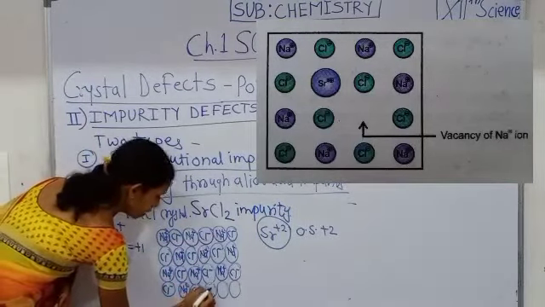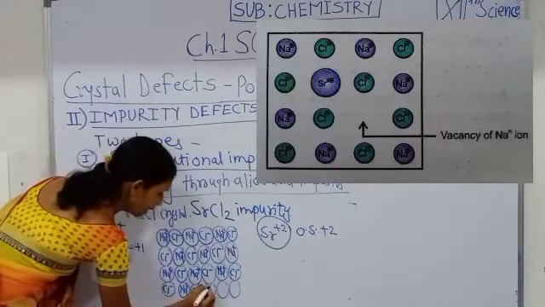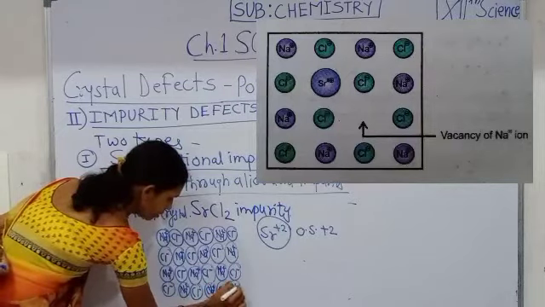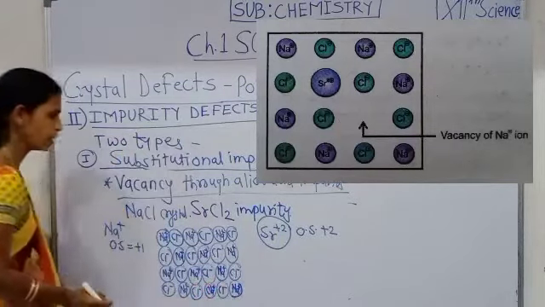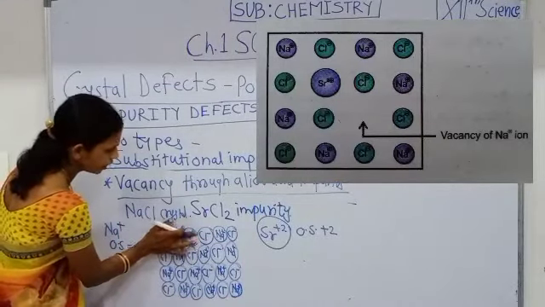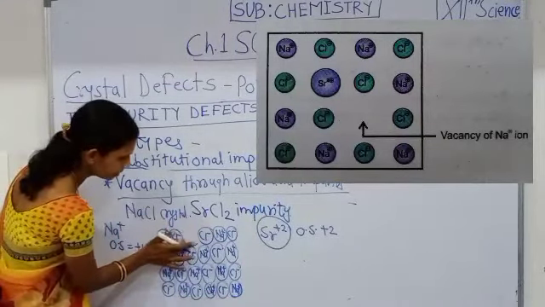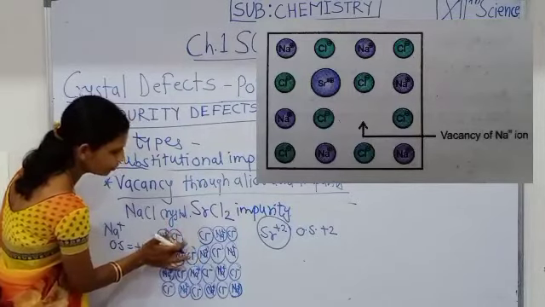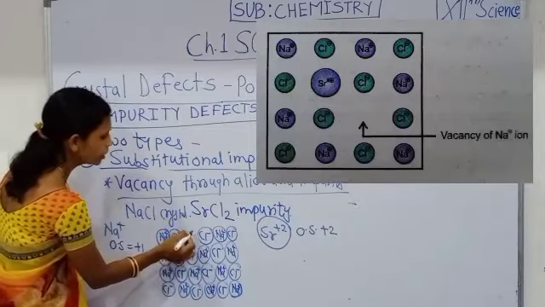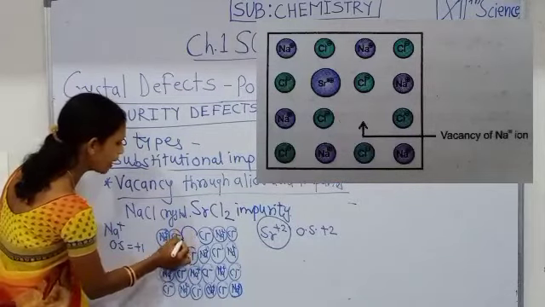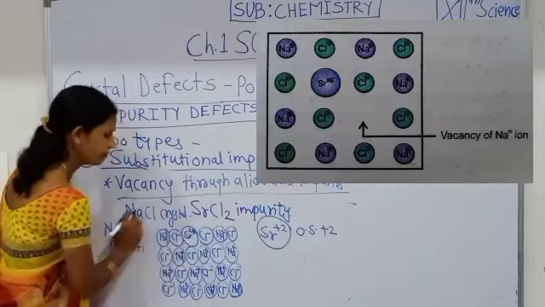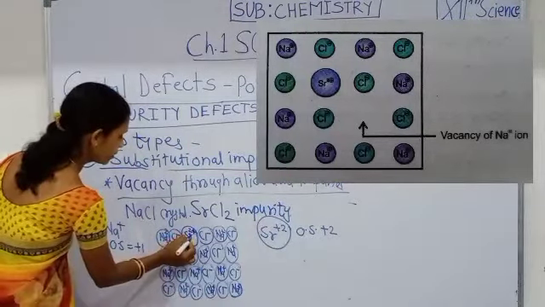And here, if strontium chloride is added into the crystals of NaCl, then one of the Na+ cations, that is the cation of sodium, is substituted by the Sr2+ ion.